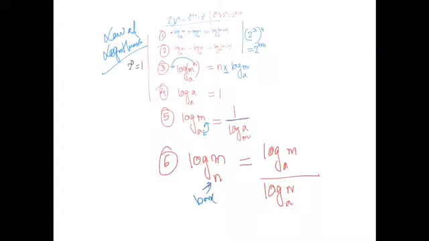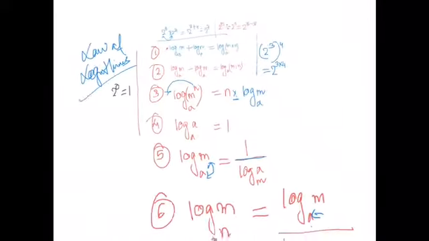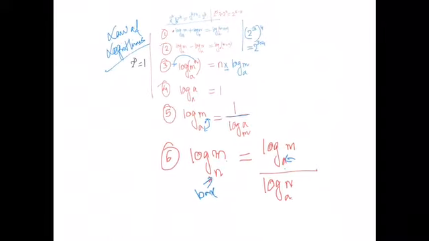Once we do the problems, you'll understand the reasons for changing the base. To change the base, we introduce a new base, say a, and then this number can be written as log m base a divided by log n base a. So these are the six different laws of logarithm that we'll be using to do most of our problems in logarithm.